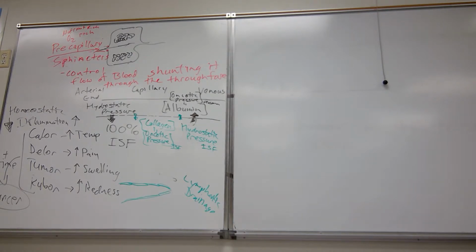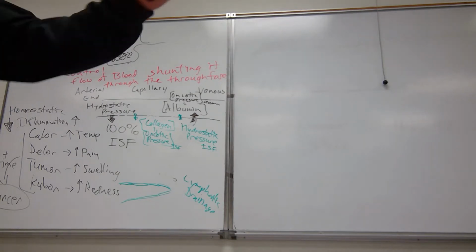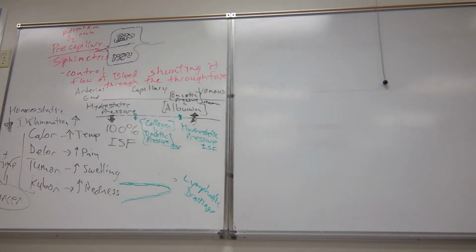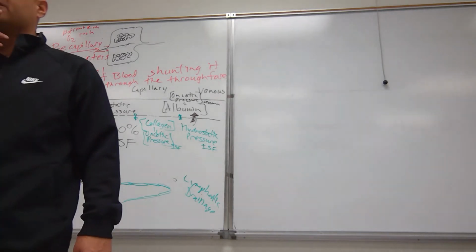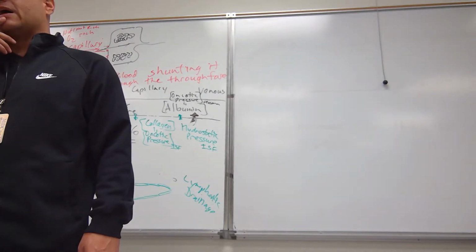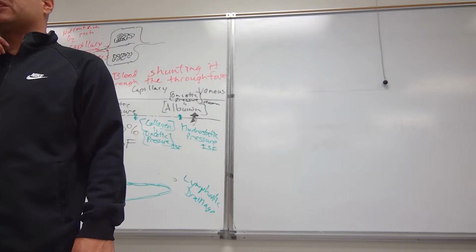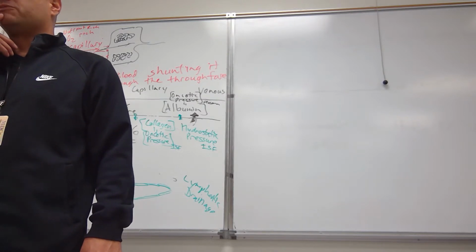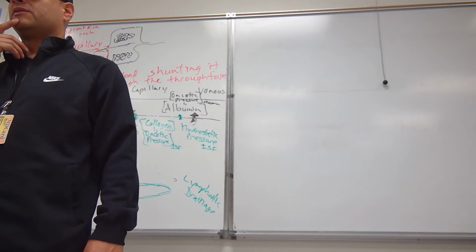It's always meant to stay in the bloodstream because its job is to control our ability to reabsorb at the venous end of the capillary, and its job is also to carry hormones to deliver them to the tissues. If you find it in the urine, then that patient has some form of renal failure, right?